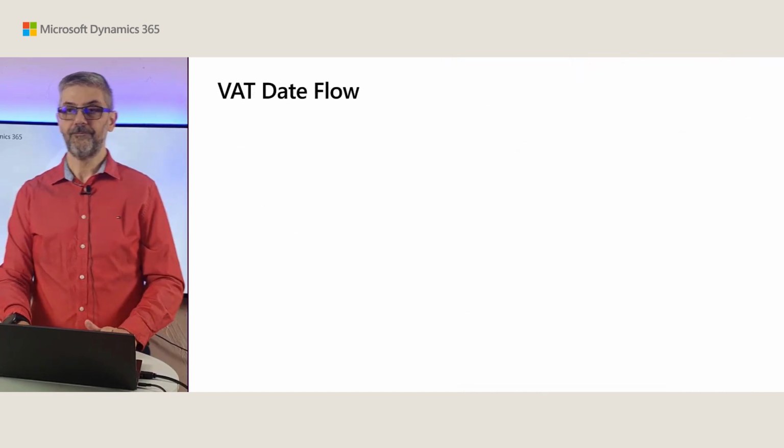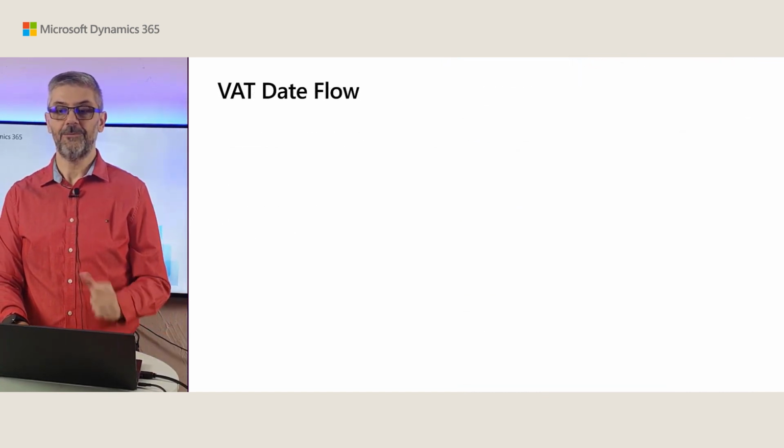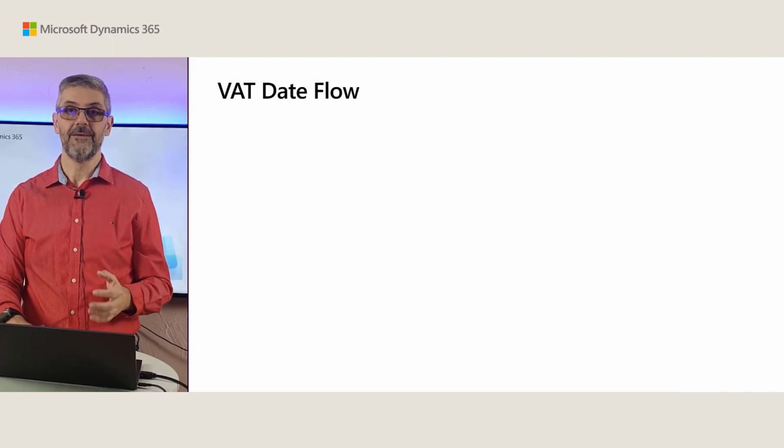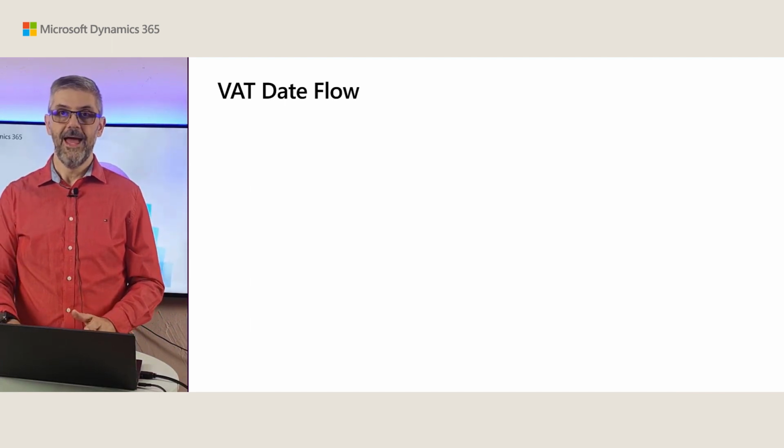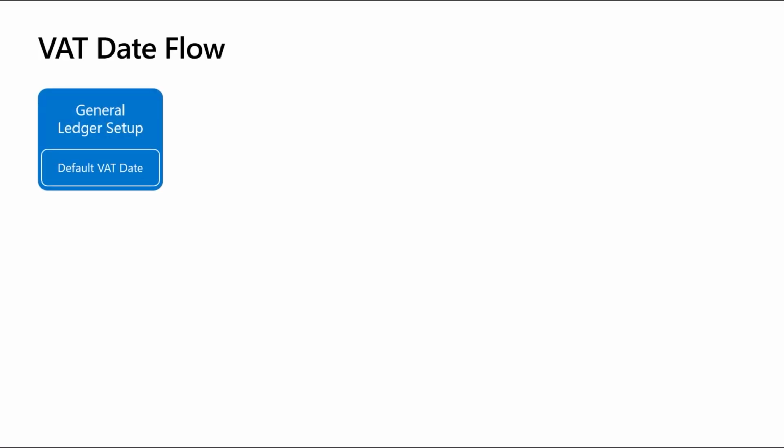Okay, now let's look at the new VAT date flow. As I already started with general ledger setup, this is the first place, and there you can choose what you will use as default VAT date, as I said, posting date or document date. You can use one of these two.